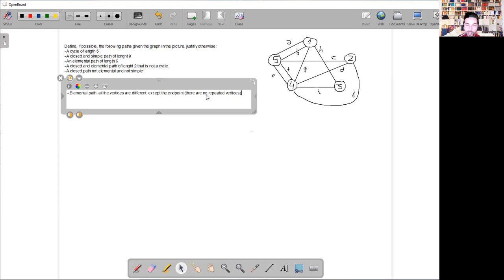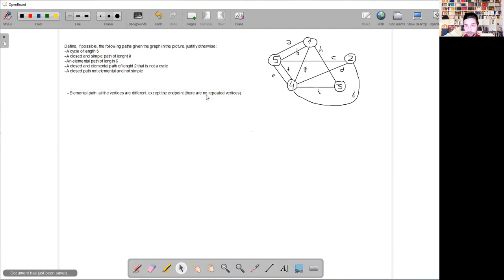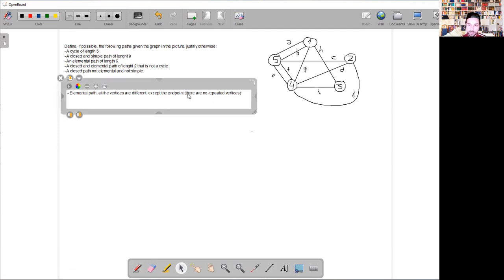Okay, so we create a path in the graph where all the vertices are different, except the endpoint, that can be the same as the starting node of the graph. The endpoints, so if it is closed, then the endpoint will be the same.